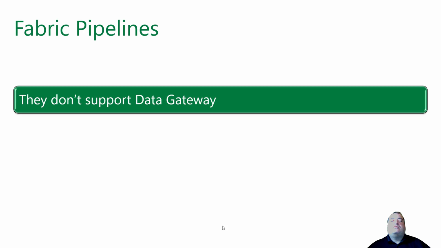The pipelines on Fabric don't support the data gateway. They don't support the data gateway from Power BI, because they came from Azure Data Factory, and the self-hosted integration runtime is not supported as well. So you have no way using a pipeline to get data from inside a private network on an on-premises environment. You can't do that using a pipeline.